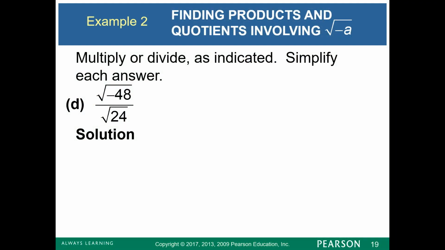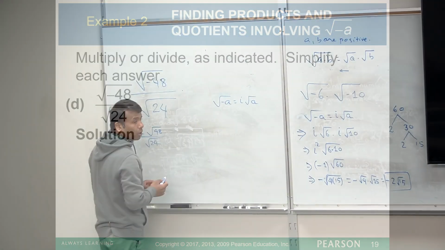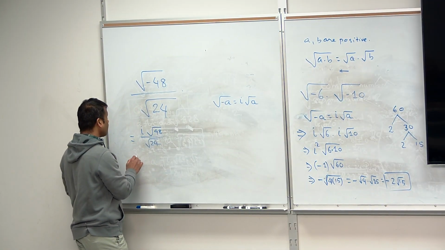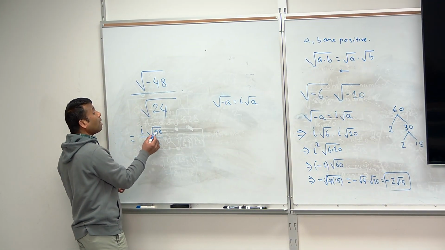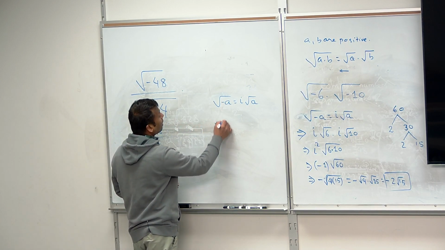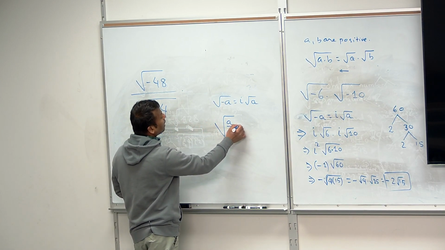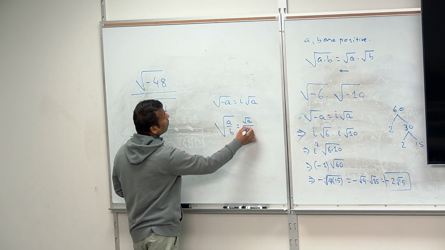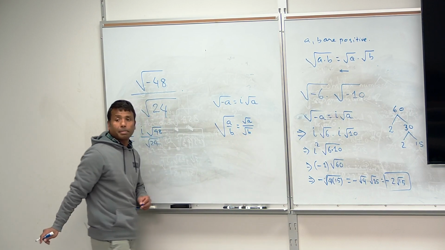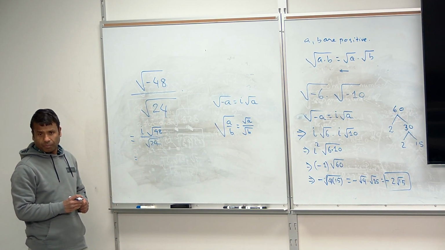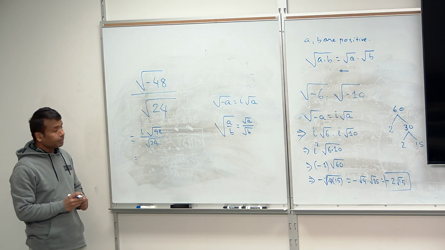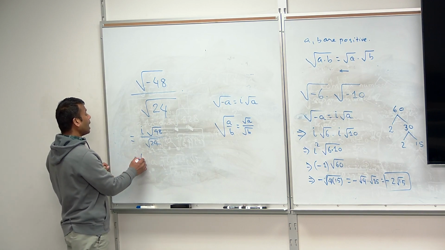So now what you can do here is, if a and b are positive, you can use this: radical a over b is the same as radical a over radical b. Good? So now this is i.